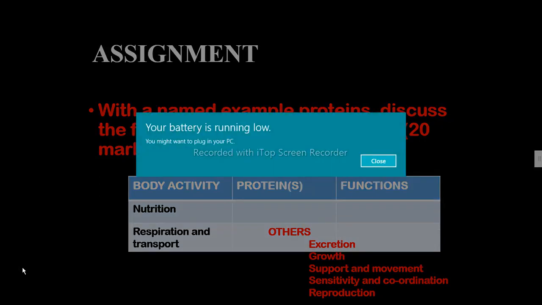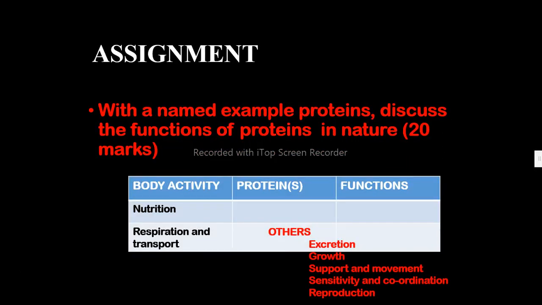If they are hormones, do the same. If they are antibodies, do the same. If they are pigments, do the same. Then you go to excretion, growth, locomotion and movement, sensitivity and coordination, reproduction, and others.